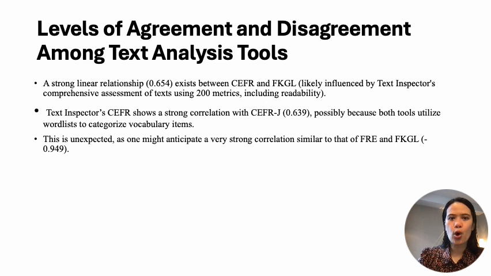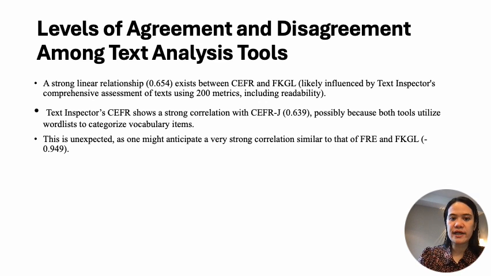There is a strong correlation between Text Inspector CEFR and Flesch-Kincaid grade level, most probably because Text Inspector uses over 200 metrics, including readability measures such as Flesch-Kincaid.